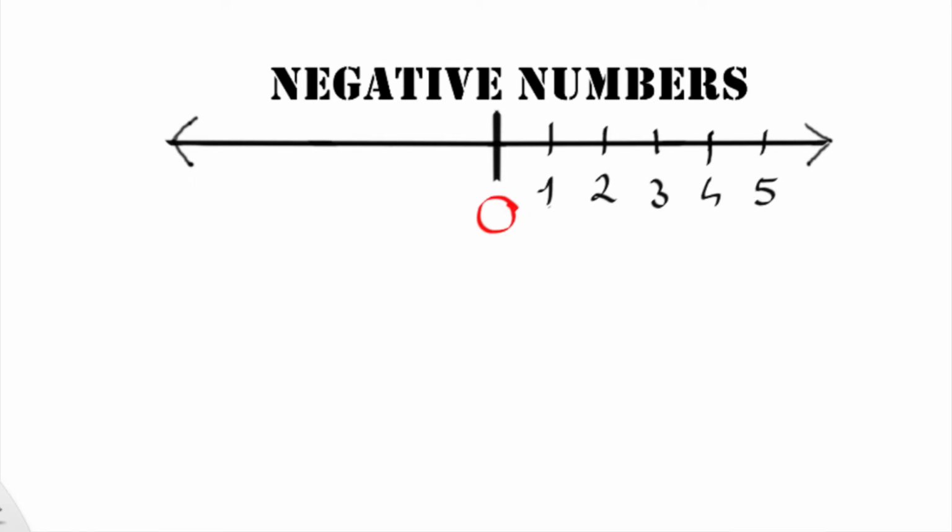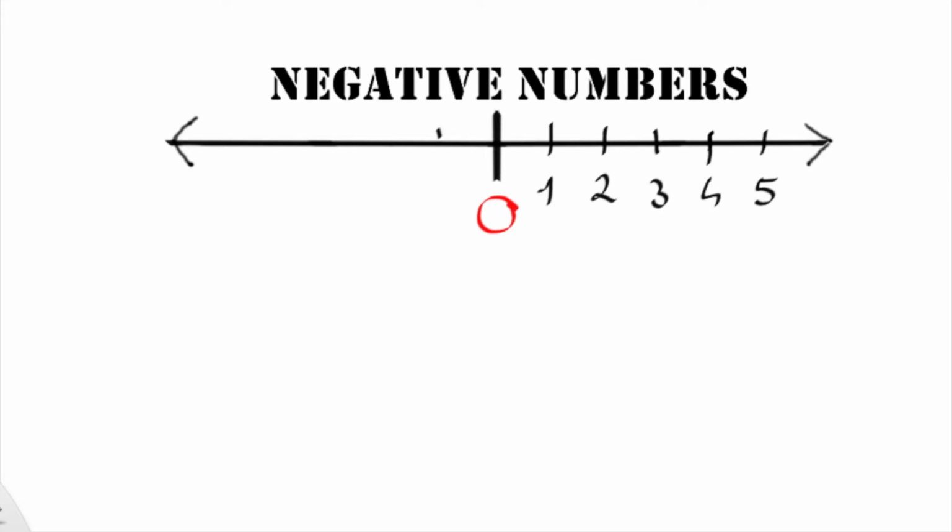And we also know that those are integers, and they are positive because they are on the right side of 0. Now we have a place for our negative numbers as well, and you guessed it, it's on the left side of 0.